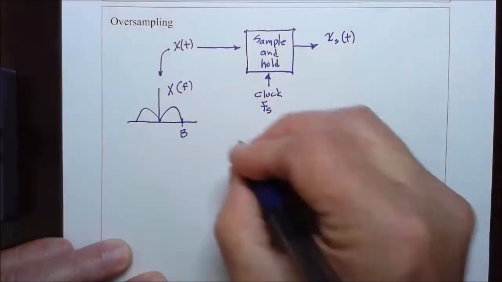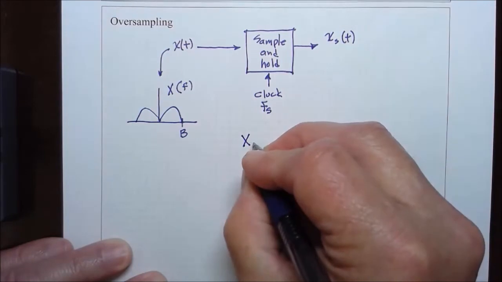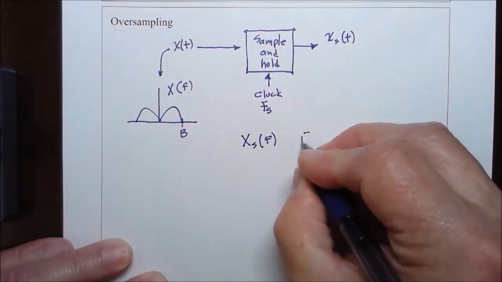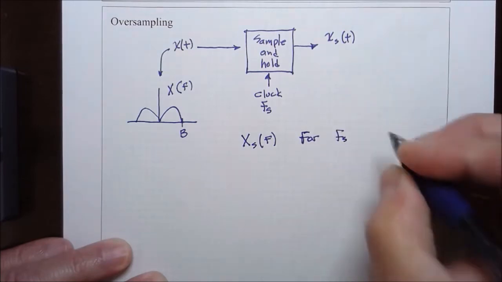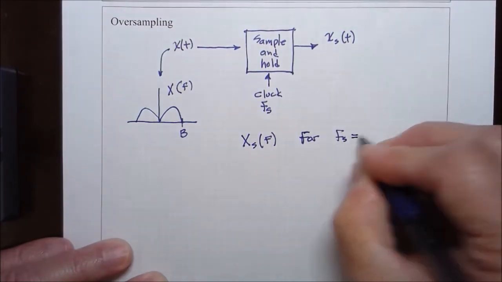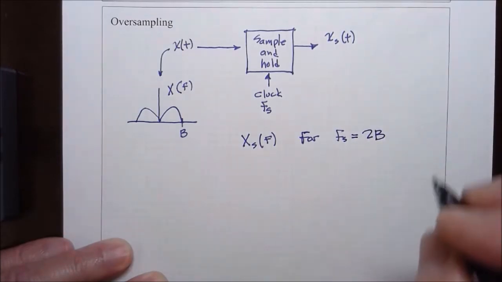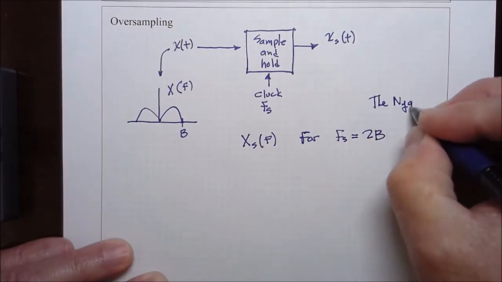Now the spectrum of the sampled signal, if this is for the sampling frequency exactly equal to the Nyquist rate, which is 2B.